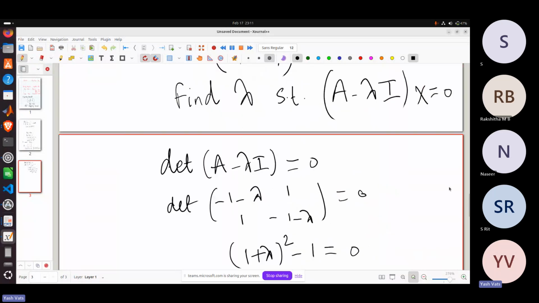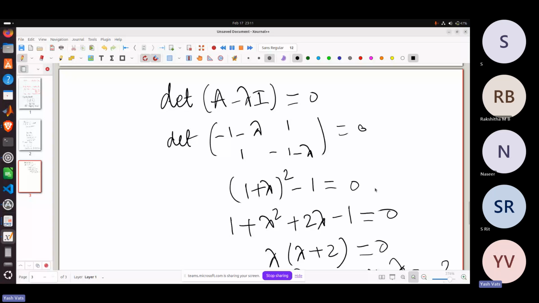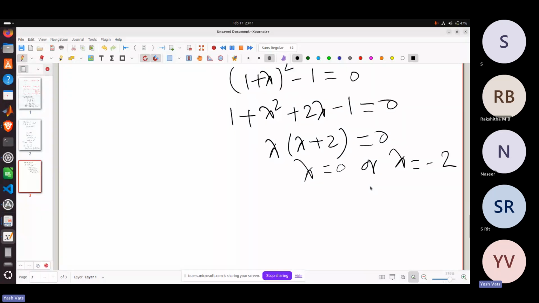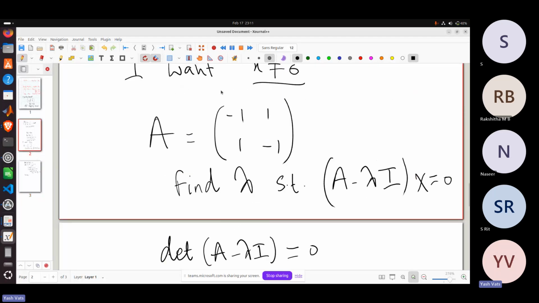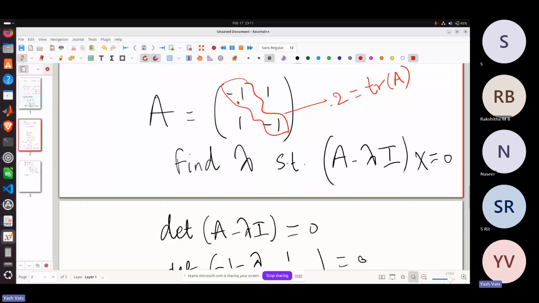Is this clear? If you notice one thing here, if you sum these lambda 1 and lambda 2 together, lambda 1 plus lambda 2 is minus 2, which is just the sum of the diagonal elements here, also minus 2, which is called the trace of A. And similarly, you have the determinant of A. The determinant is just 0 in this case.